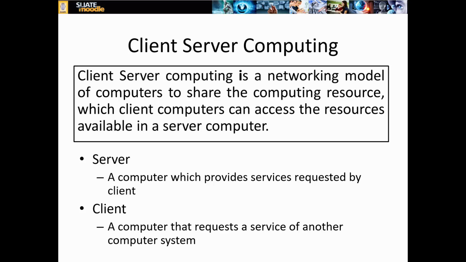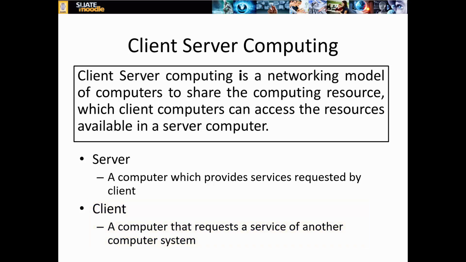First of all, we are going to talk about the client-server model. In the client-server model, we talk about client computers as well as server computers. A server computer is a computer which provides services requested by the client, and a client computer is a computer that requests service of another computer system.